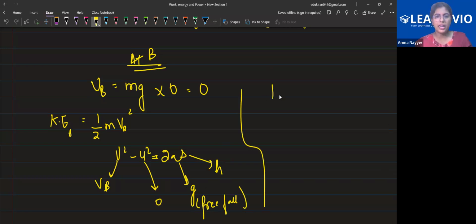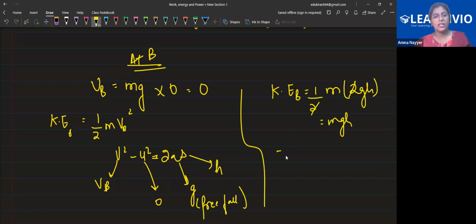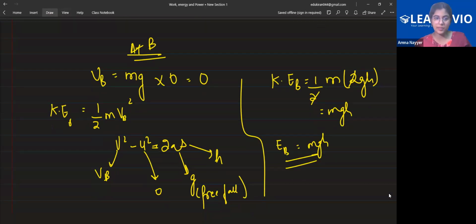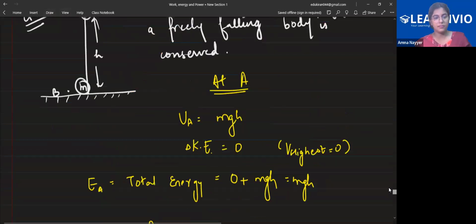Kinetic energy at B point will be half m, v square is 2gh, so 2 cancelled. So this is equal to mgh. Now again you are calculating the total energy EB. This is equal to mgh only. This shows that energy at both the points is the same. Energy remains the same. Write it down.